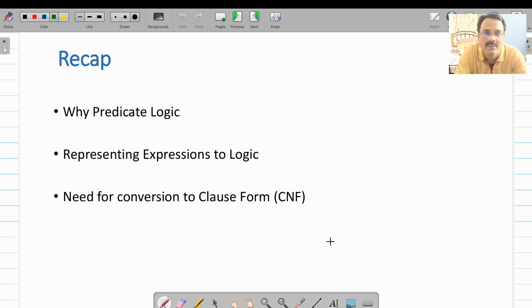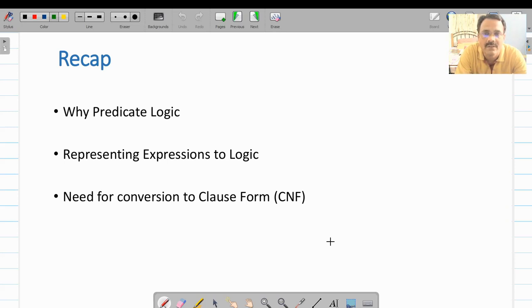This conversion is required to make your statements consistent with each other, so that during the matching process, resolution can find matching pairs of predicates. In resolution, we need to find P and not P kind of complementary pairs, so that you can remove them during resolution, and ultimately you will find out whether that leads to an empty clause or not.